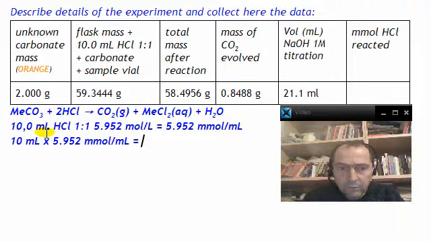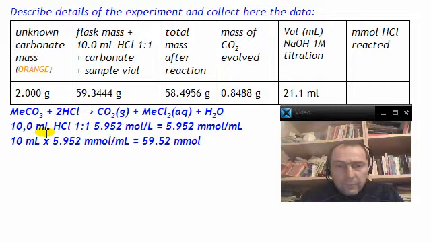So the total amount of hydrochloric acid that was added in the beginning of the reaction was 59.52 millimoles.